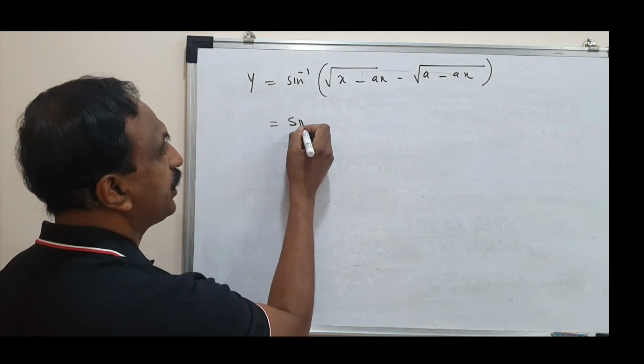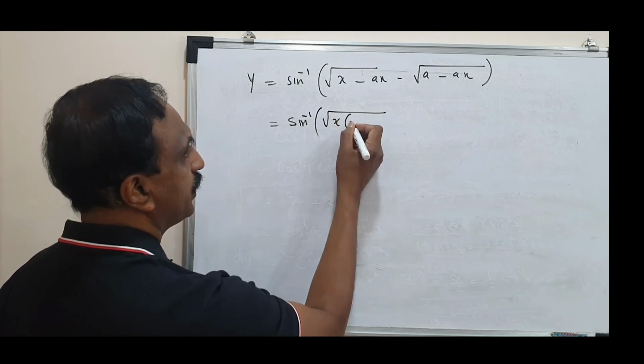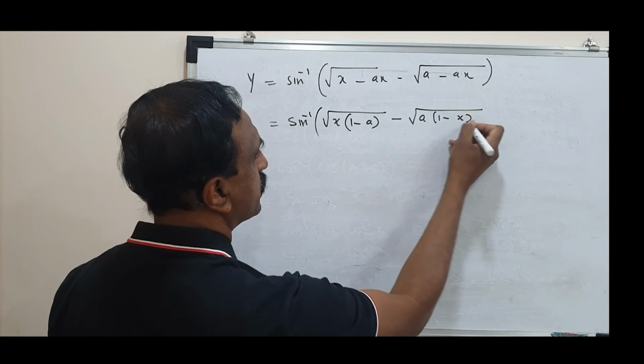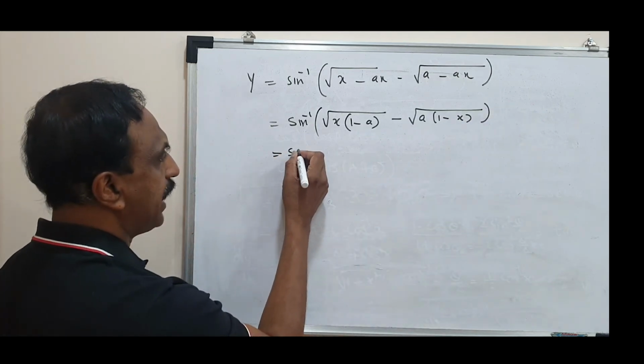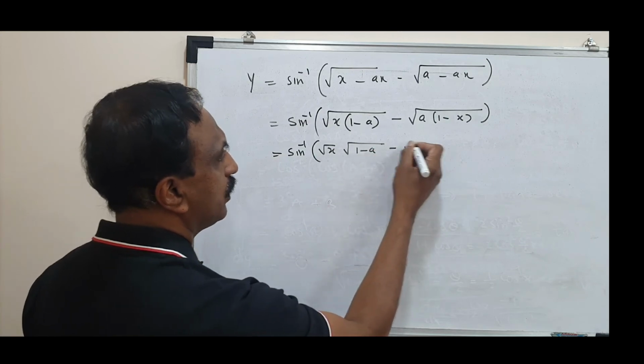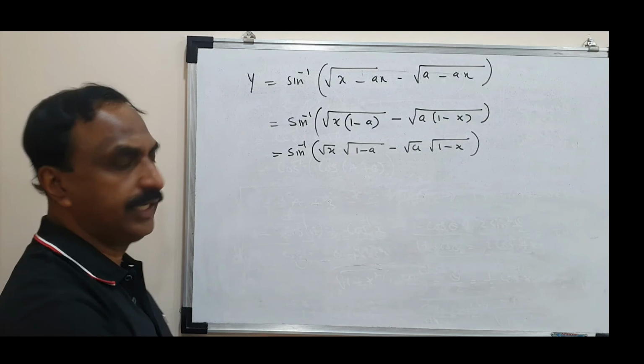This is sine inverse of, I am taking x common, 1 minus a common, 1 minus x. That becomes sine inverse of root x into root of 1 minus a, minus root a into root of 1 minus x. Outside is sine inverse.